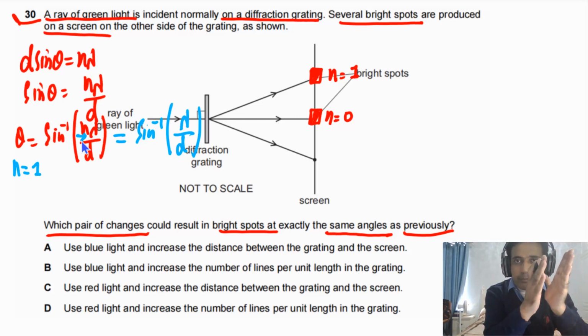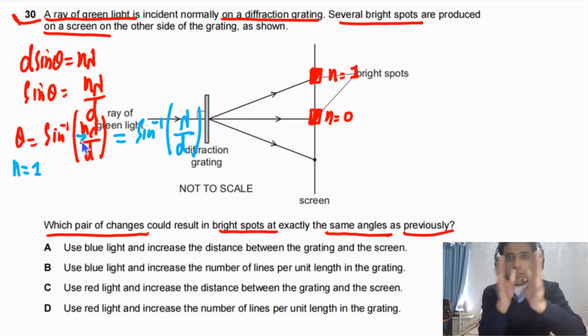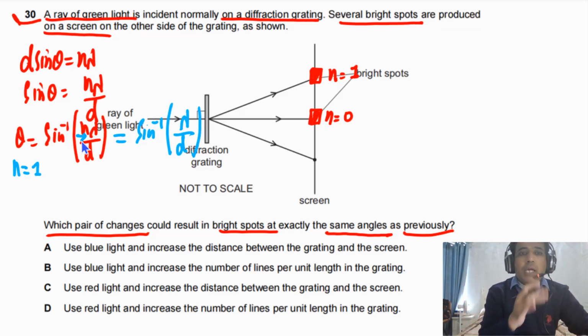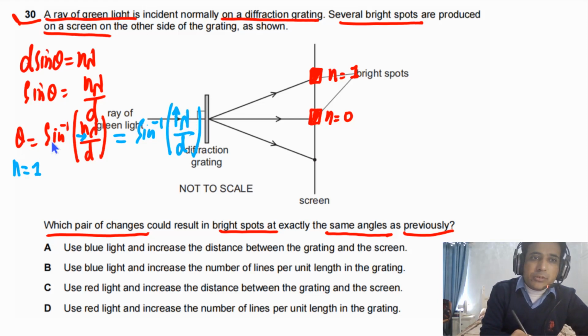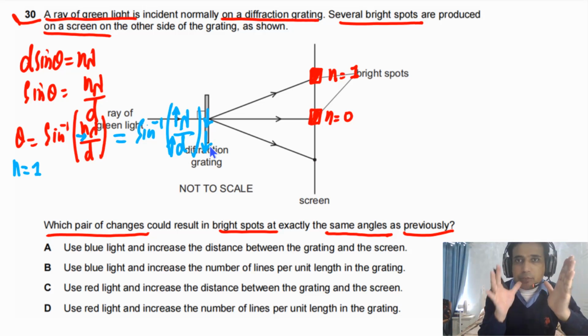So we compare first order with first order, second order with second order, and so on. So for this question, if we increase the lambda and want to keep theta the same, we also need to increase the d, and vice versa is also true. If we decrease lambda, we have to decrease d as well. So this is the main concept we need to understand.